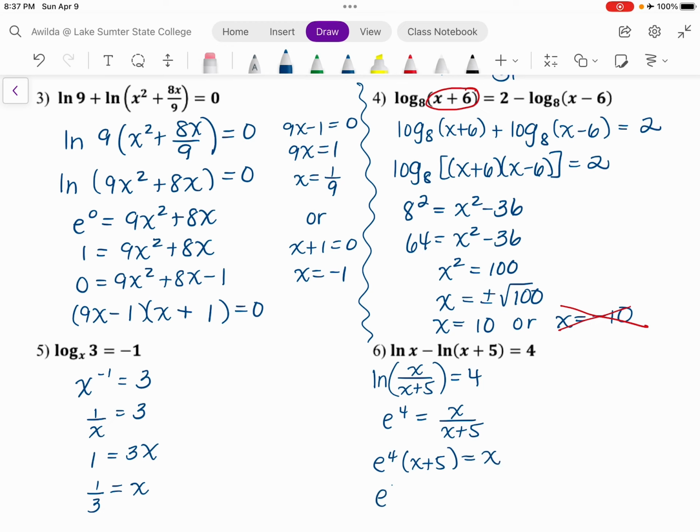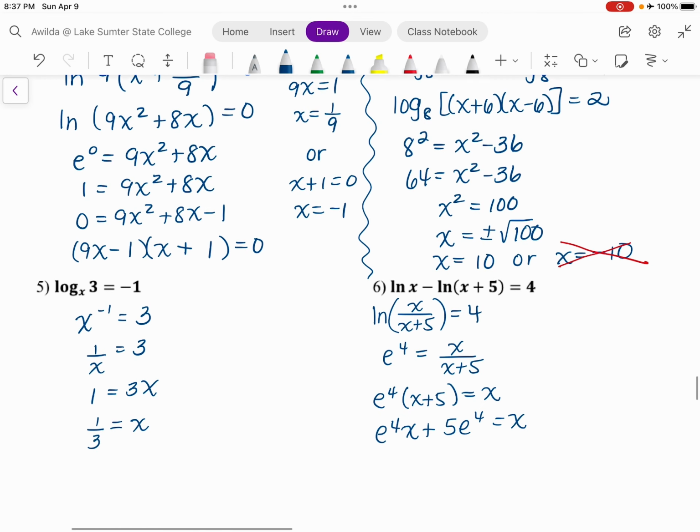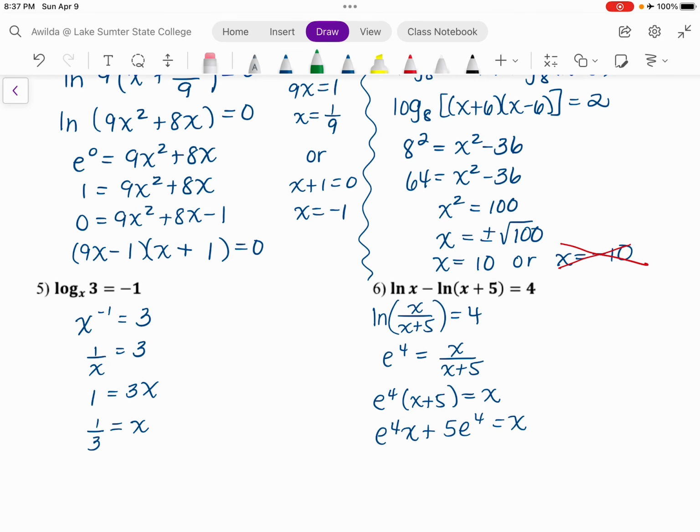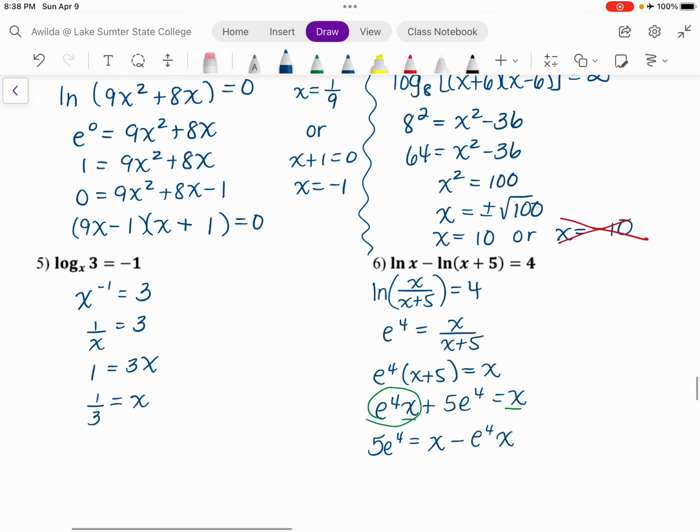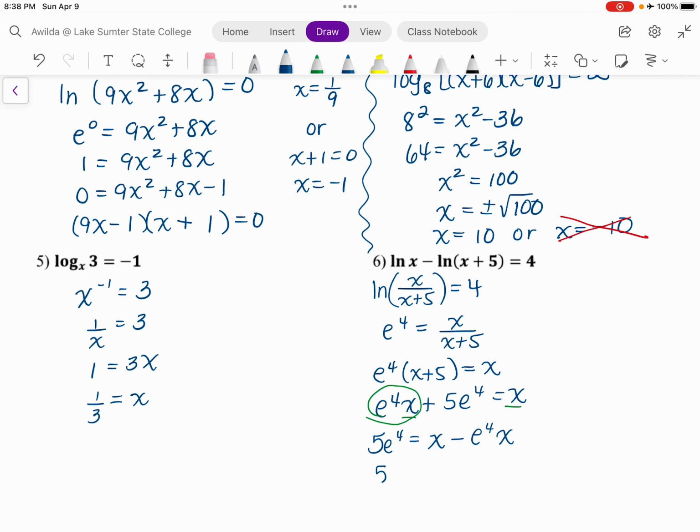Let's distribute on the left-hand side. And next, let's try to get the two terms that include the x variable on the same side of the equation, leaving the other term on its own on the other side of the equation. So in this case, I think I'm going to subtract e to the 4th times x from both sides. Now I can factor out an x as the greatest common factor on that right-hand side.